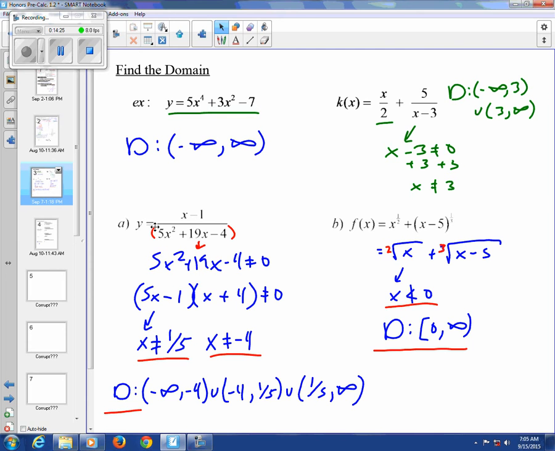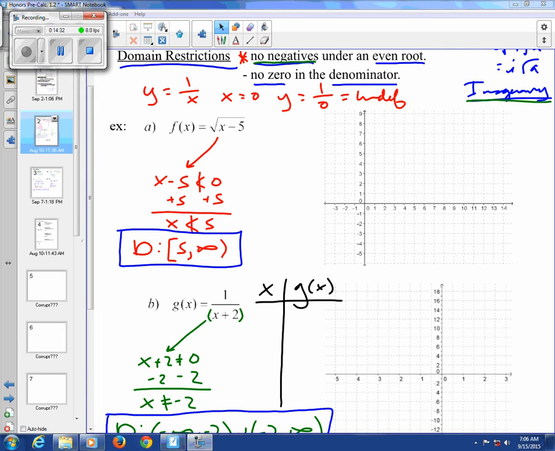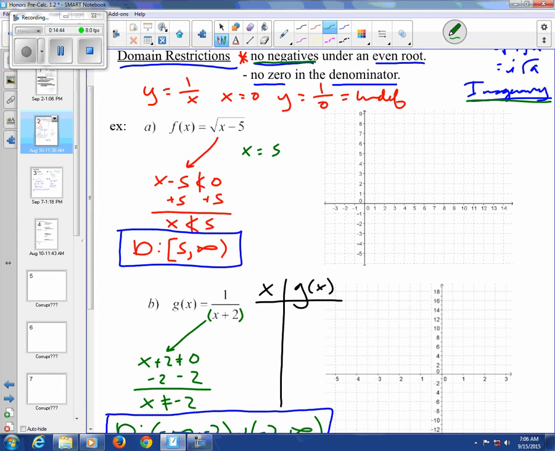What we want to do now is go back and look a little bit at the graphs of our functions and talk about the domain graphically for the two functions on the previous page. All right, so for our f of x, right here we've said that we can process 0, right? So the x value that gave us 0 was 5, and when we processed that x value, we got 0, right?